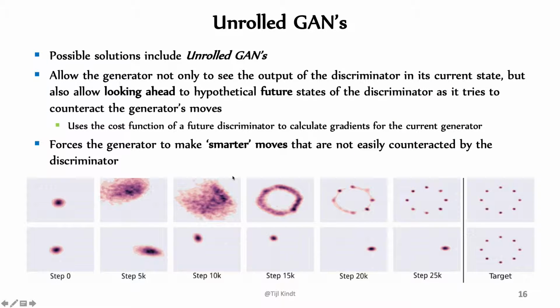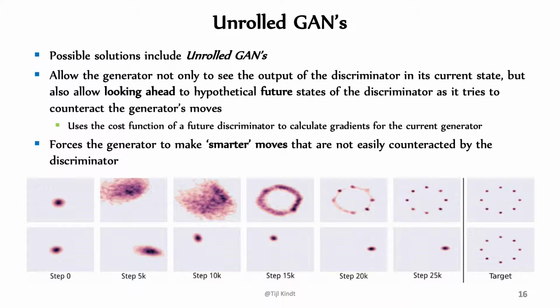One thing that I didn't get to try, but that I would want to try in the future, is unrolled GANs. An unrolled GAN is quite cool actually. It allows the generator to look at the hypothetical future states of the discriminator. When you train the generator, you allow it to look at how the discriminator will react to what the generator might do.